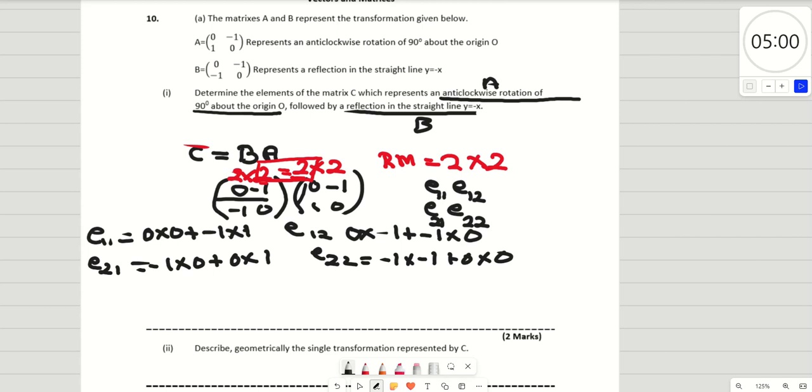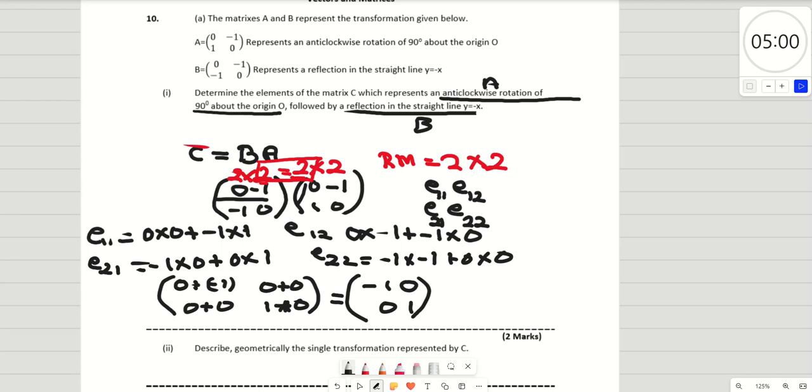This is basically 0 plus negative 1, 0 plus 0, 0 plus 0, and then positive 1 plus 0. So this is going to be equal to negative 1, 0, 0, 1. So this here is matrix C.